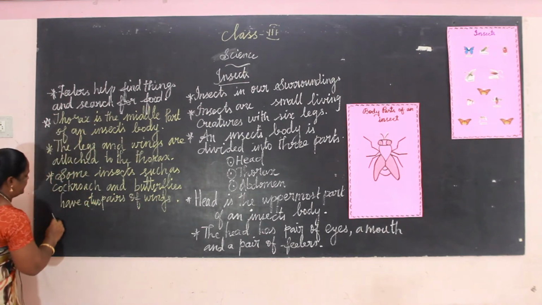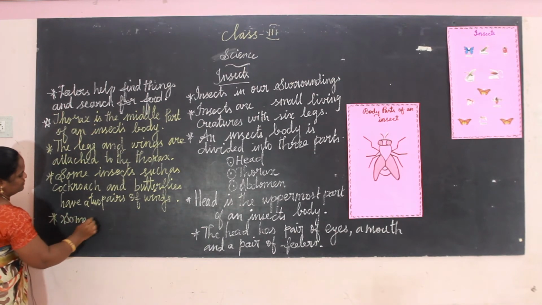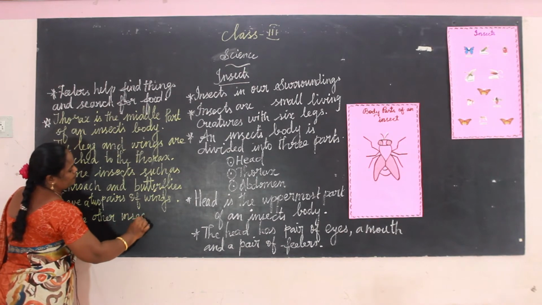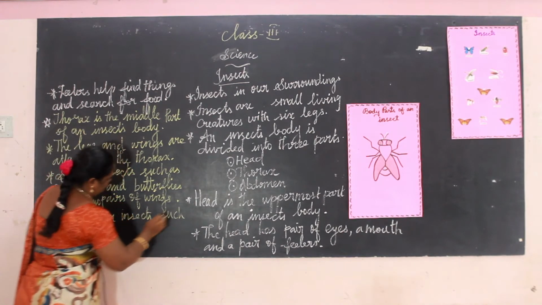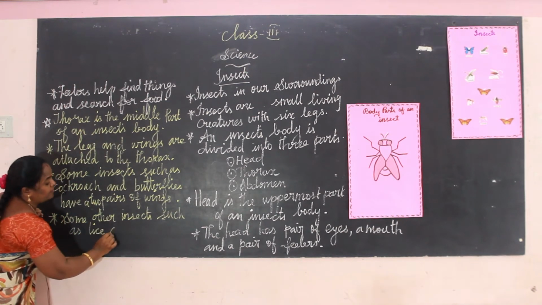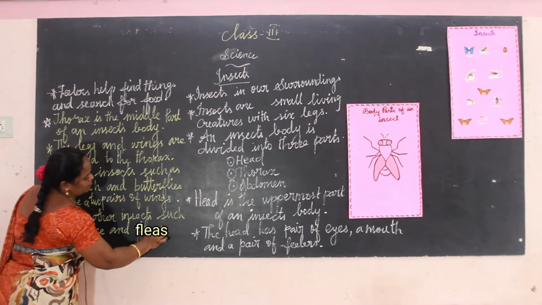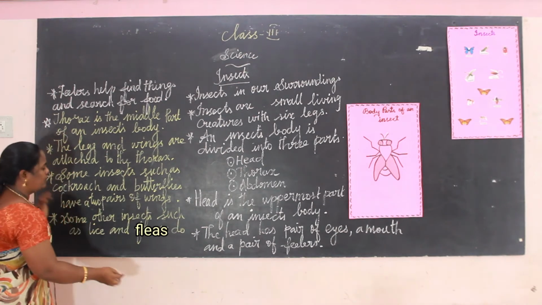Some other insects such as lice and fleas do not have wings. So these kinds of insects do not have wings.